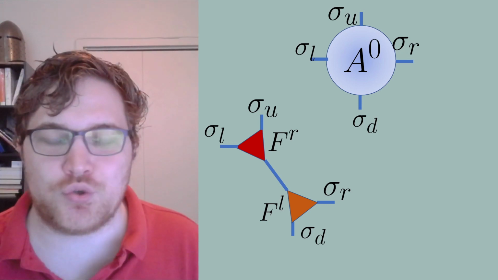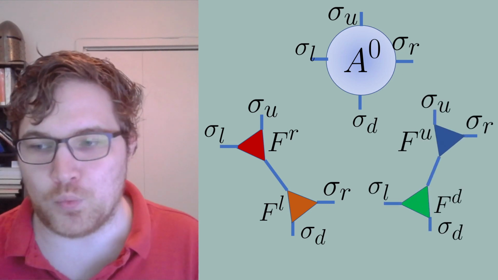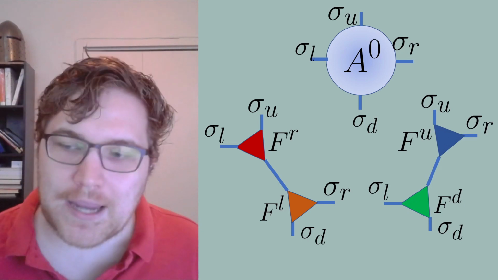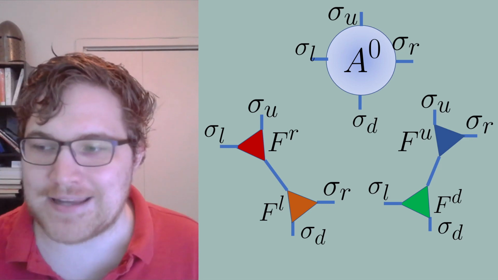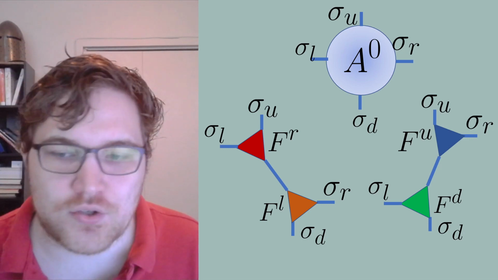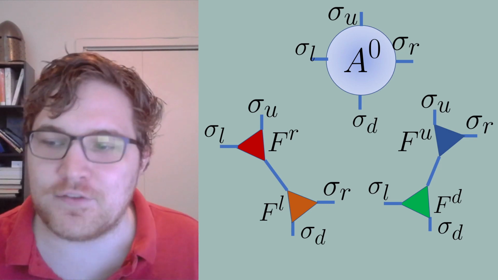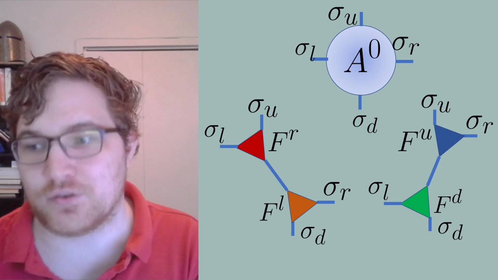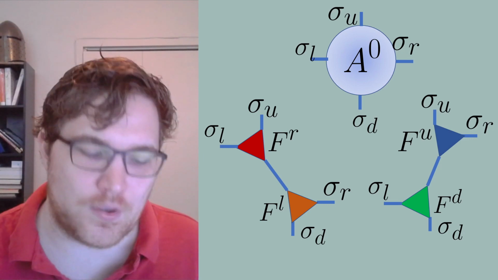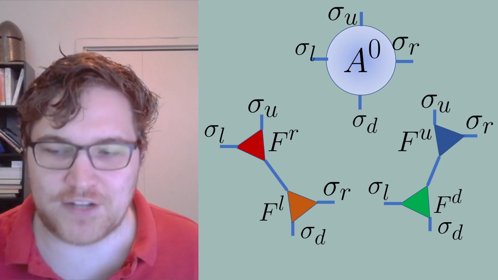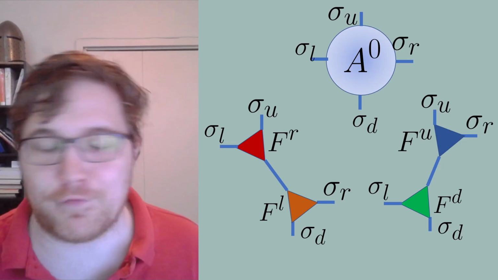We similarly introduce the other factorization where we instead group up with right, or U and R, and we group L and D, introduced as FU and FD. Since all of our tensors are identical, just with different indices, we only have to do this once for each factorization. Notice the colors here as they will come to represent which F tensor I am referring to. So red, for example, will always mean FR.